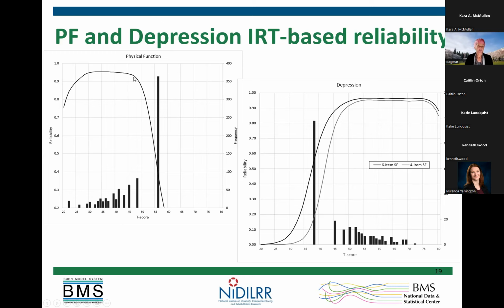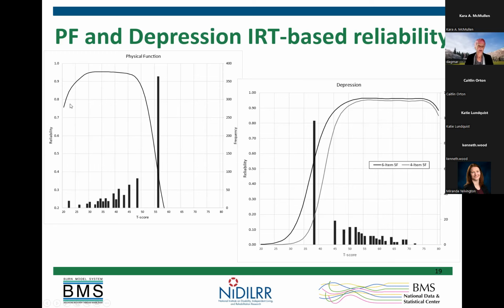And this measure of 4 items does a very nice, reliable job, providing a precise score that has very little noise in it, of most of the continuum from scores as low as 25 to scores as high as the mean.